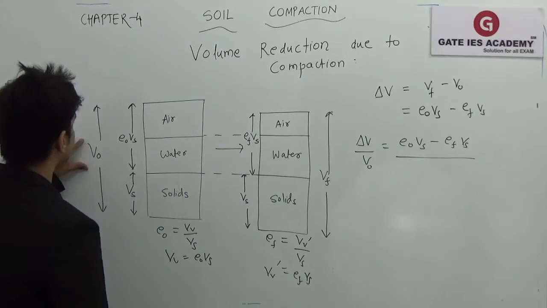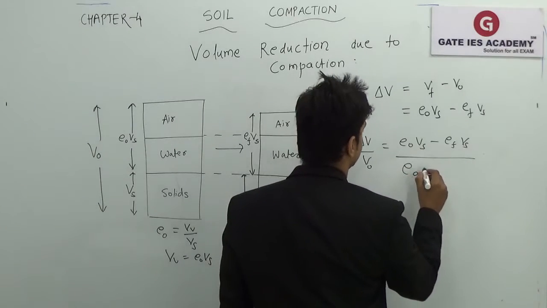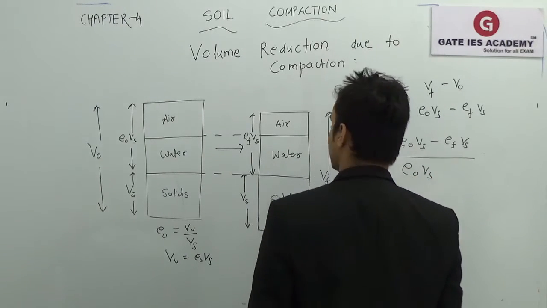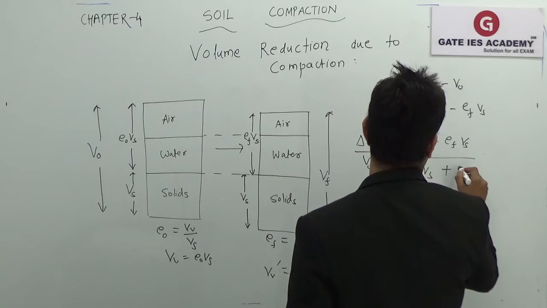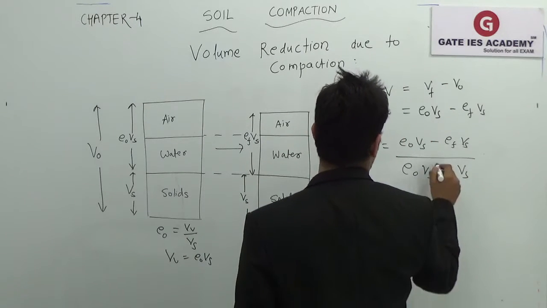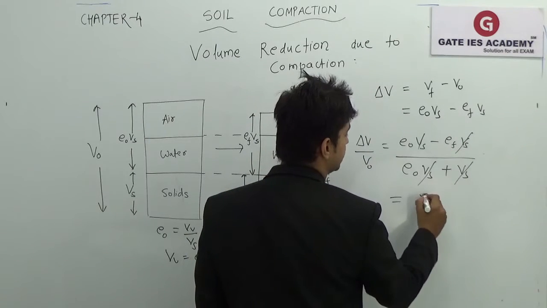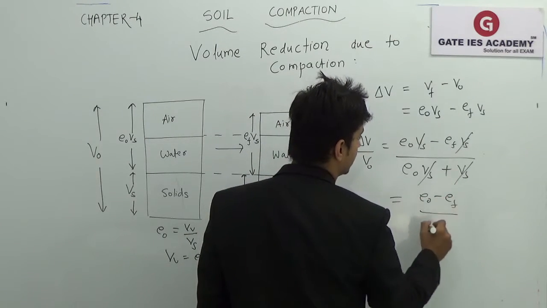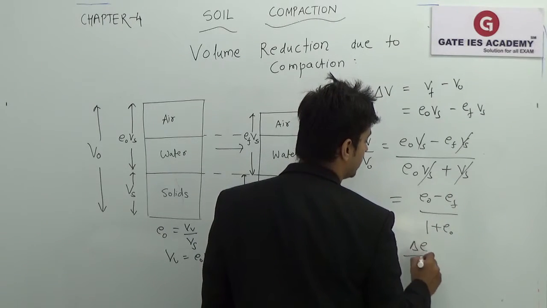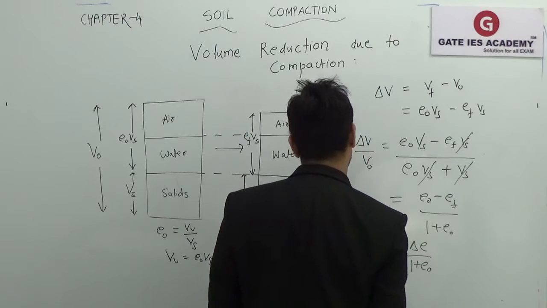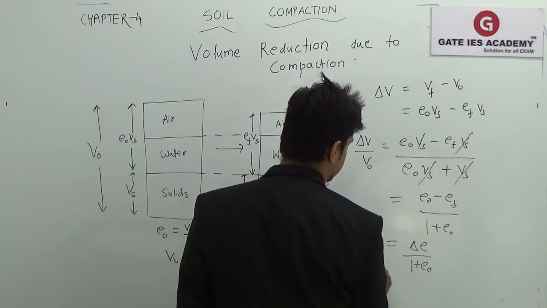So V naught is e naught Vs plus Vs. Vs will cancel out, and we get e naught minus ef upon 1 plus e naught, which is equal to delta e upon 1 plus e naught. That is delta V by V naught.